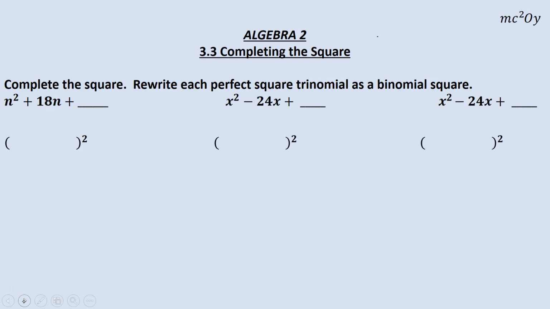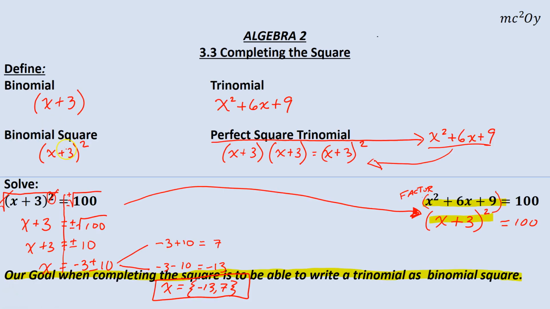The first thing we need to do is be able to quickly rewrite a trinomial as a binomial square. If I have this trinomial and I want to write it as a binomial square, one thing you'll notice in that previous problem is this 3 actually comes from this 6. If you take half of 6, so I'll rewrite it here, x squared plus 6x plus 9, half of that gives me that 3 right there.